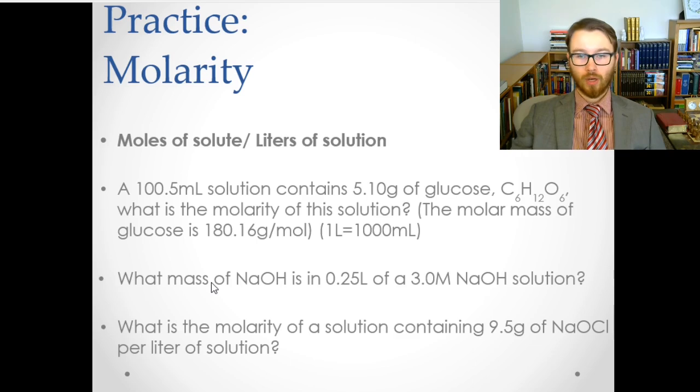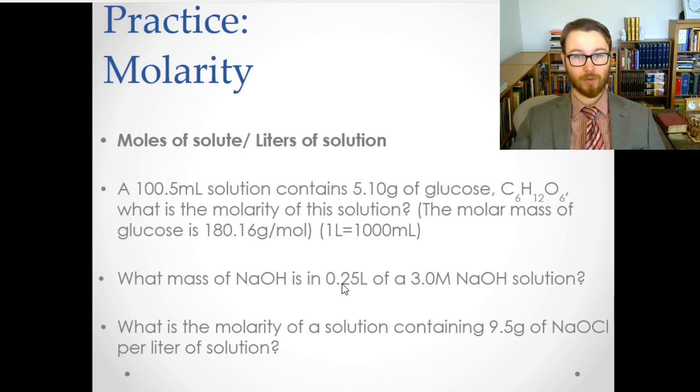Number 2, we're going to find, in this case, not the molarity. We're going to find the mass. All right, we're given the molarity and we're given liters. Now remember, molarity is moles divided by liters. Here it's giving us molarity and liters, not moles. We need to find moles in order to find grams.